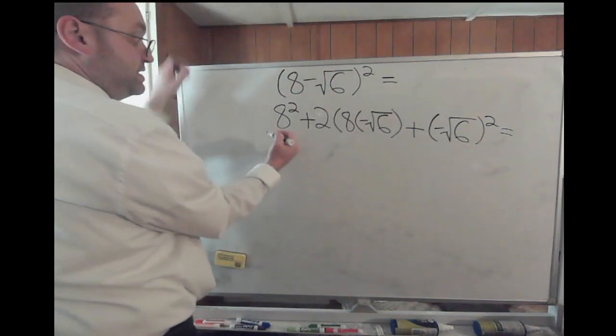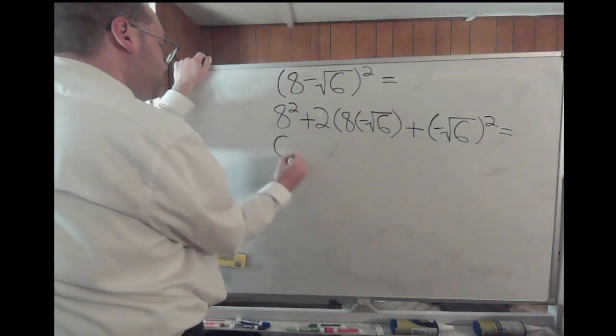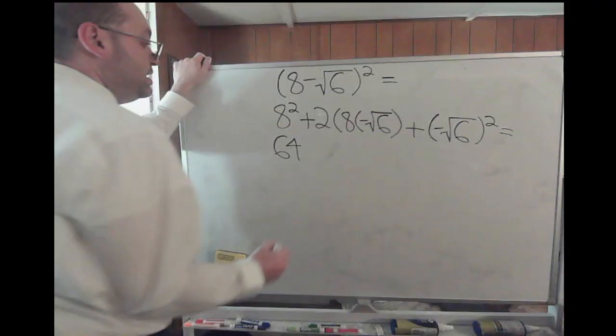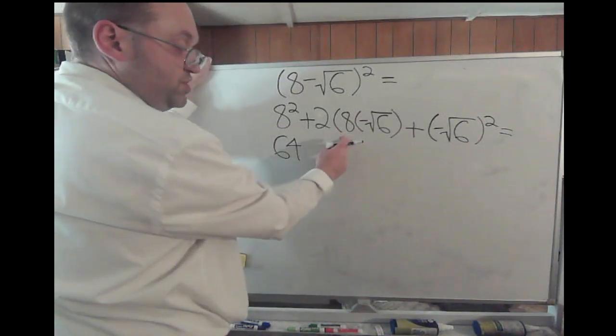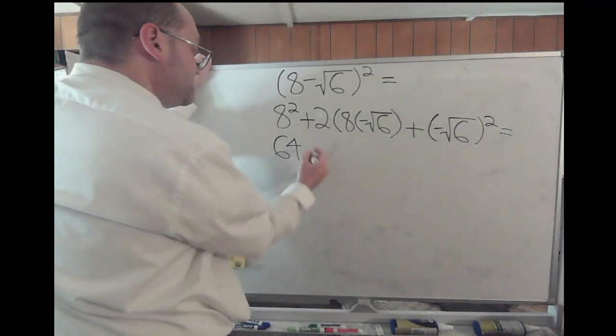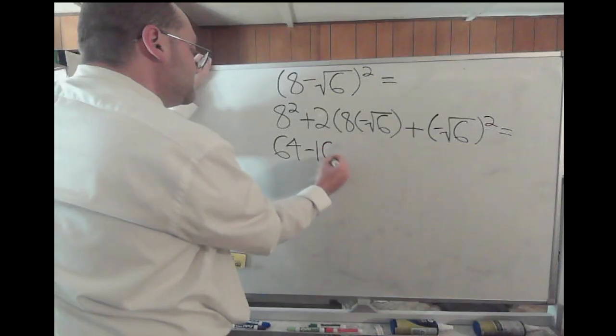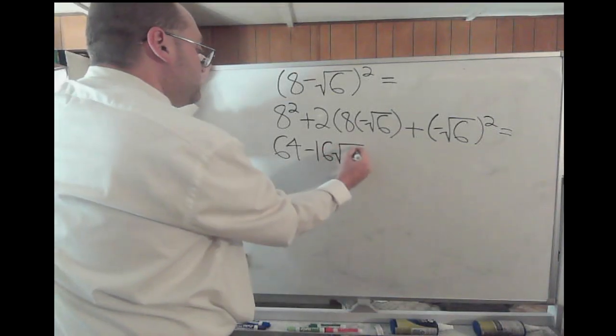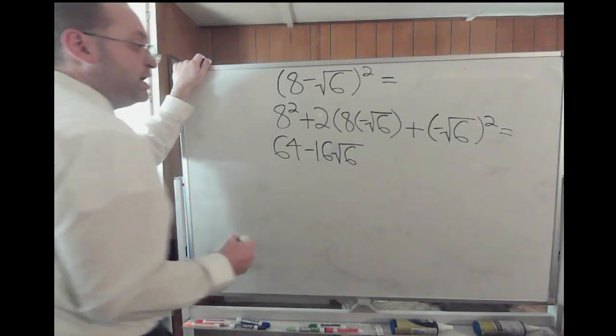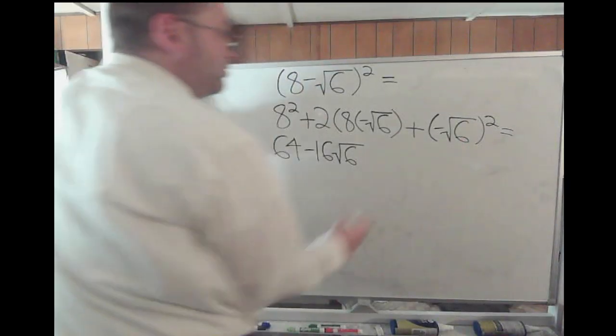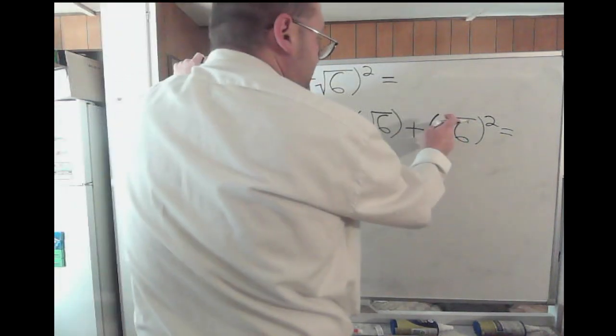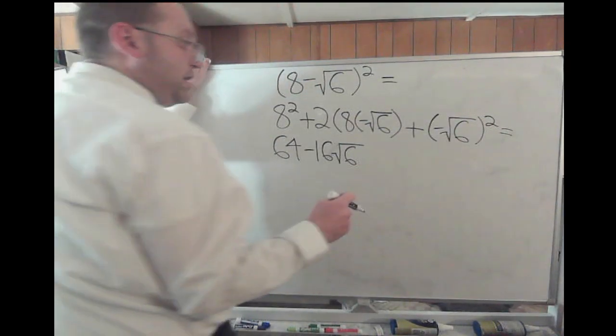So now 8 to the second power, well, that's 64. Then you have 2 times 8, which is 16, times negative square root of 6. You get minus 16 square root of 6. And then you have plus negative square root of 6 to the second power. That negative would turn positive since you're squaring it.